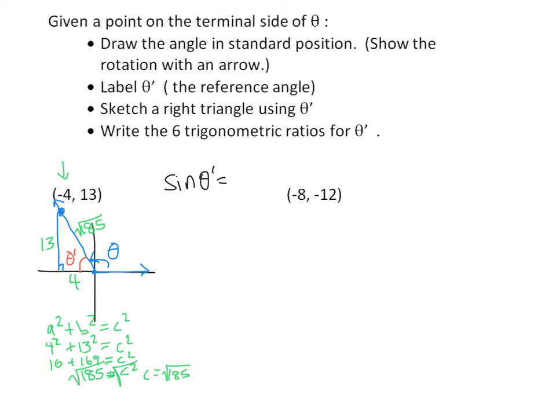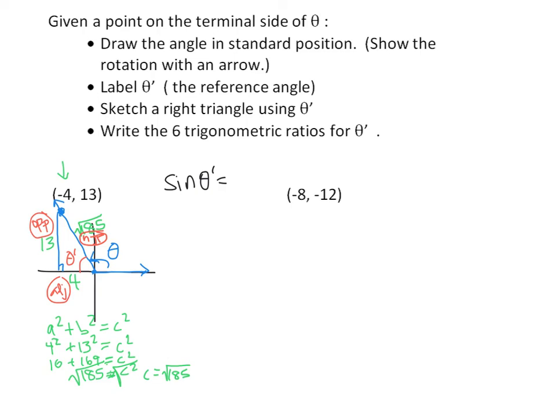I would actually go through and label my sides first, so I'm going to go ahead and do that based on the right angle. This is the hypotenuse. The opposite side for theta prime is over here, and the adjacent is right here. So now we are ready to write, for example, our sine ratio for theta prime. We have to remember our ratios. Sine is opposite over hypotenuse.